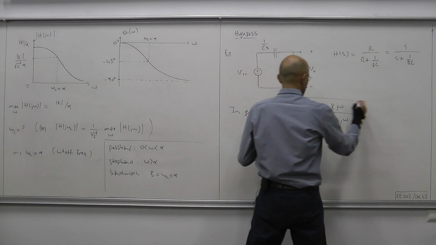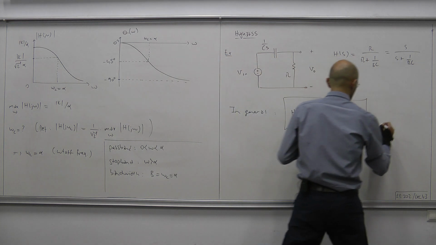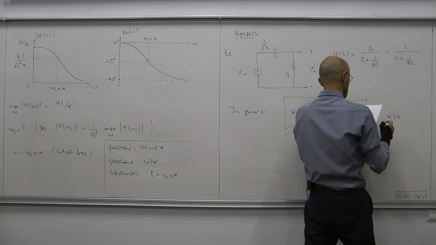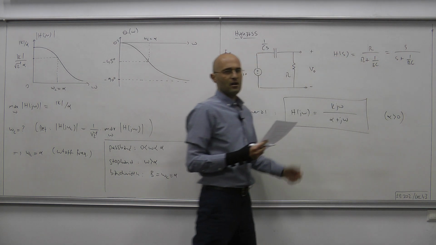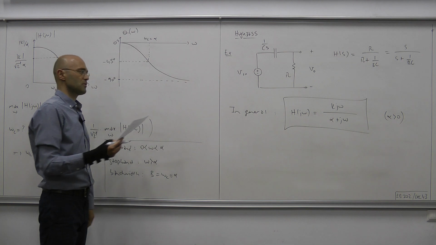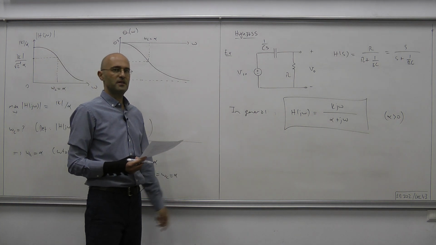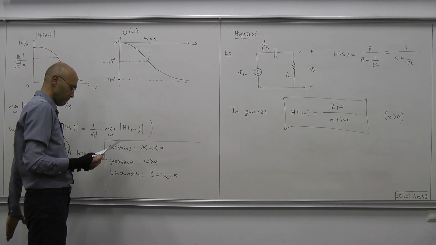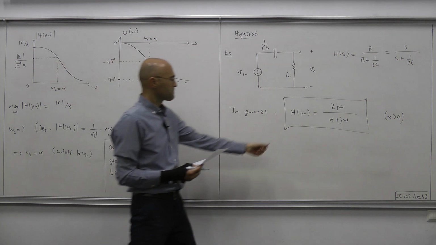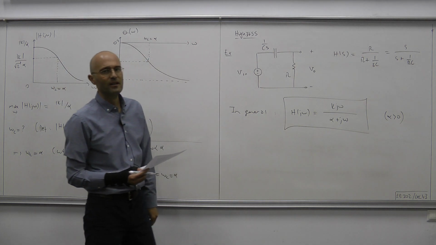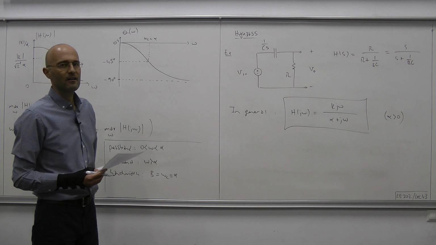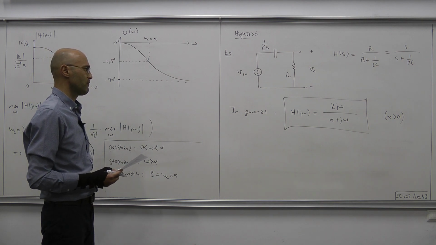Okay. And as before, we have to consider the alpha greater than 0 case, because we have to be dealing with a stable circuit. Now for this H of omega, let's obtain the gain and the phase functions.